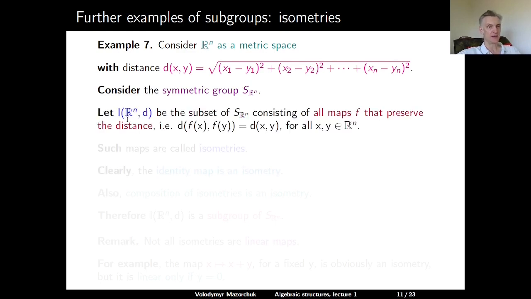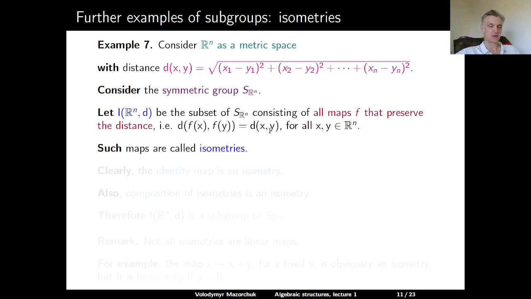Denote by I(R^n, d) the set consisting of all bijections from R^n to R^n which preserve the distance. In other words, we have a map f from R^n to R^n which is bijective and which has the property that the distance between f(x) and f(y) is equal to the distance between x and y for all x and y in R^n.